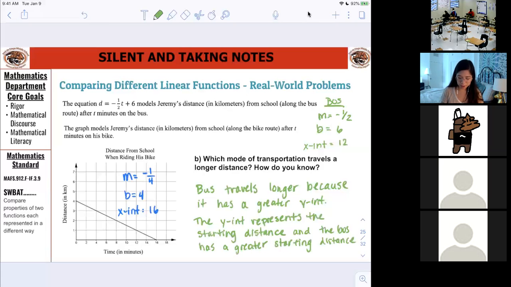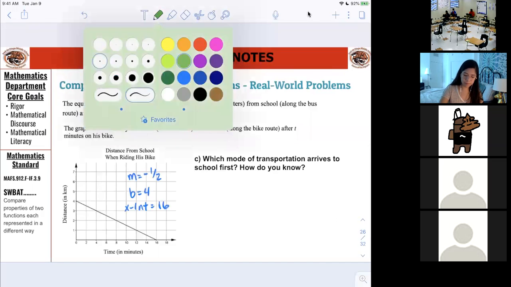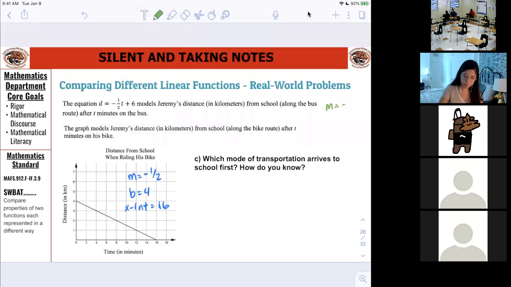All right, so then finally, which mode of transportation arrives to school first? The bus. And why do you say that?